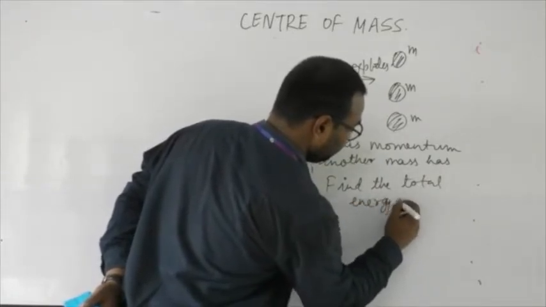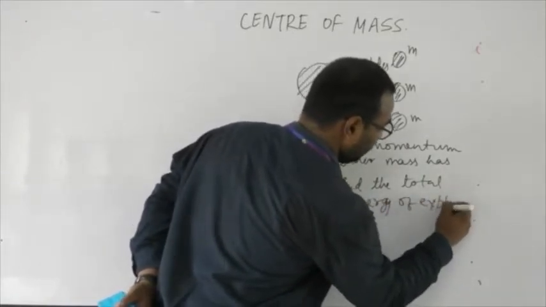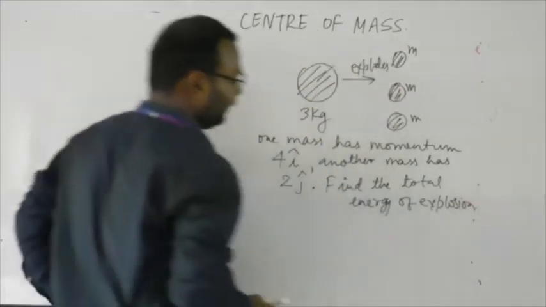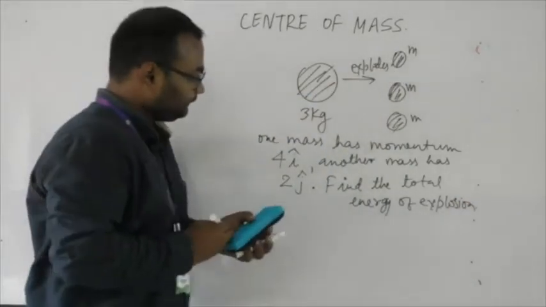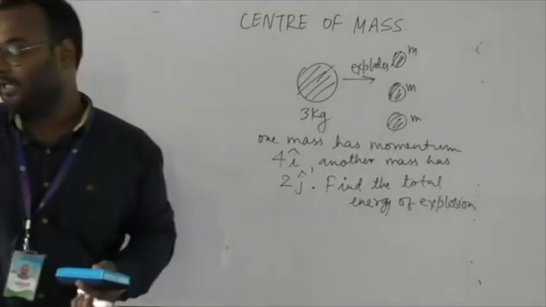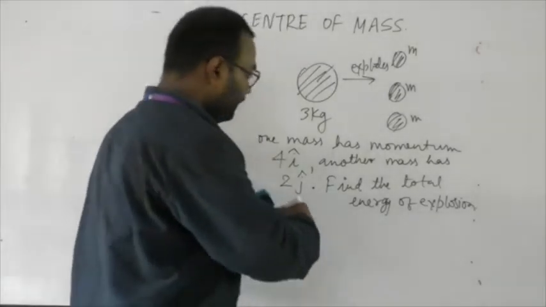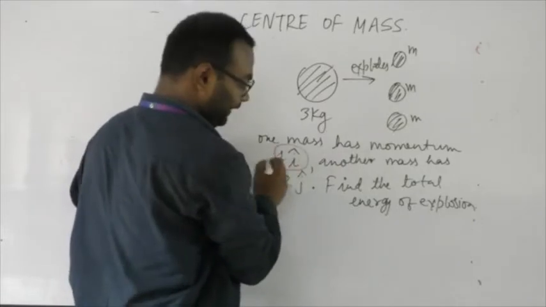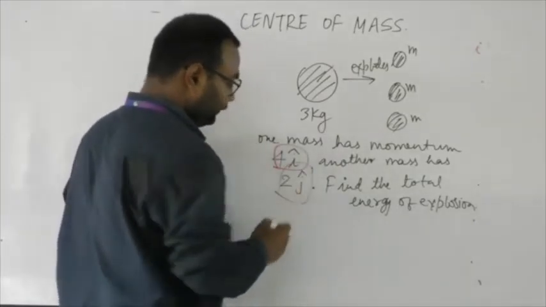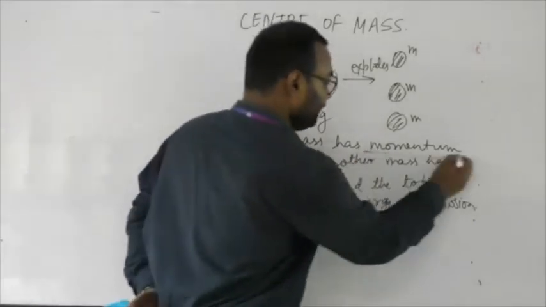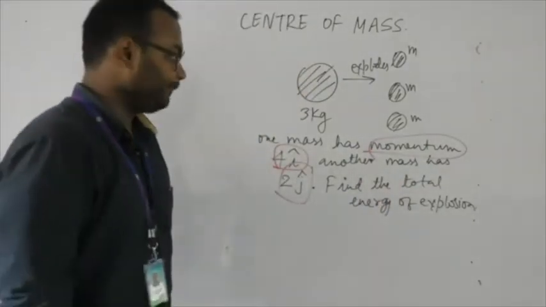Now you have to find the total energy of explosion. This is the question given to you, and it says one mass has momentum 4i, another mass has momentum 2j. That means the talk here is about momentum.